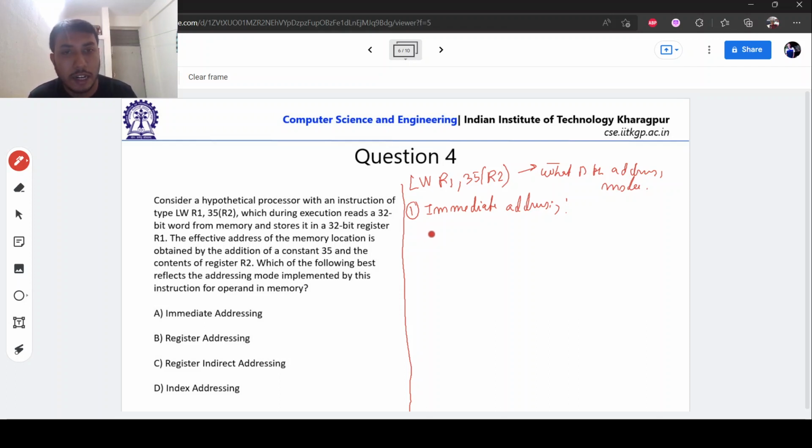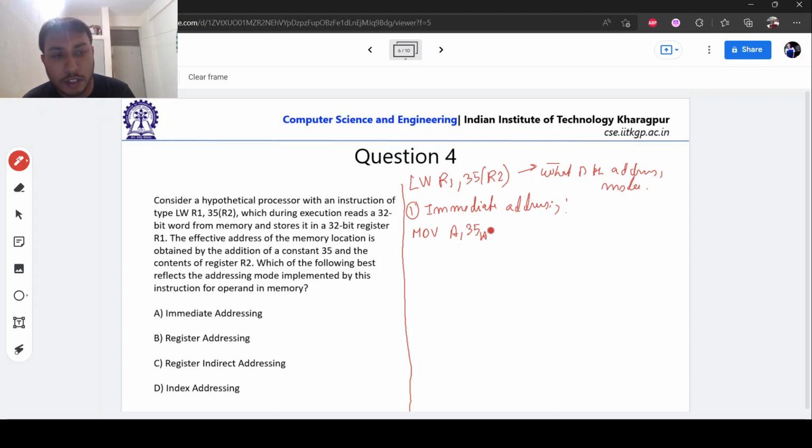In immediate addressing, a simple example is this instruction, move A, comma 35H.